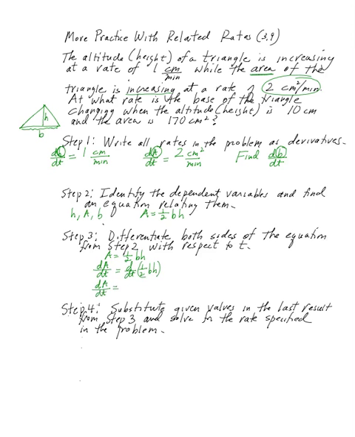This 1/2 is a constant, so I can use the constant multiple rule. Then b times h, I need the product rule. That's a product: the first times the derivative of the second plus the second times the derivative of the first. Now I have an equation that relates the 3 rates that are in step 1.